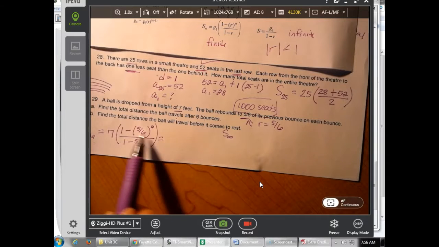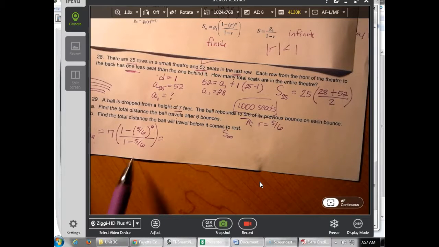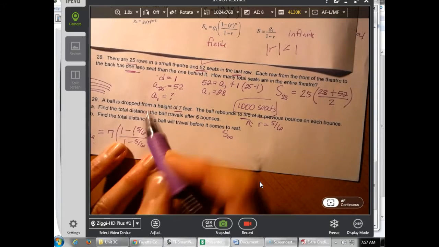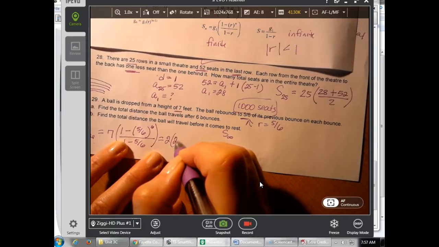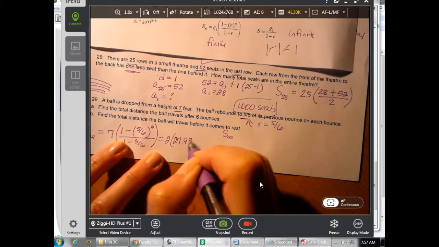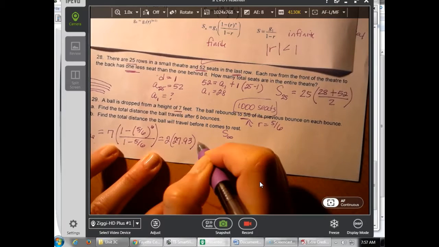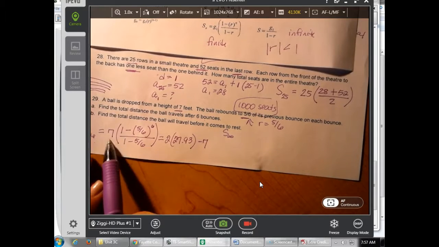I did the numerator first, then I'll divide that by the denominator, and then that value I'll multiply by 7, and I got 27.93.